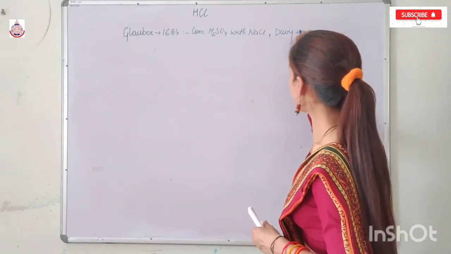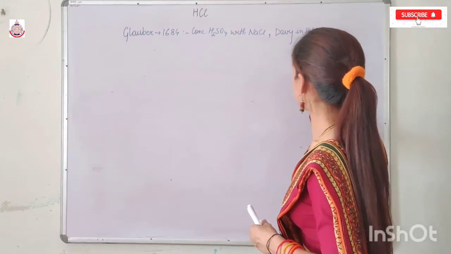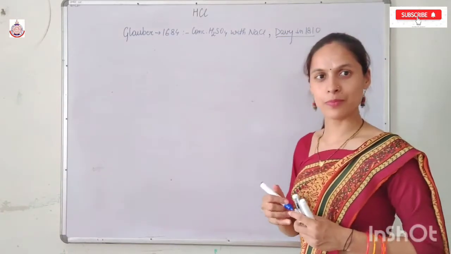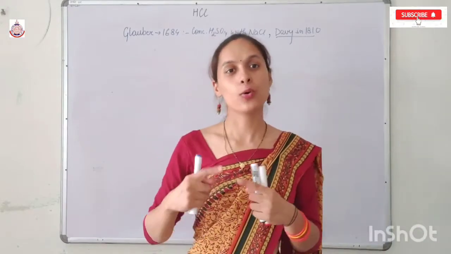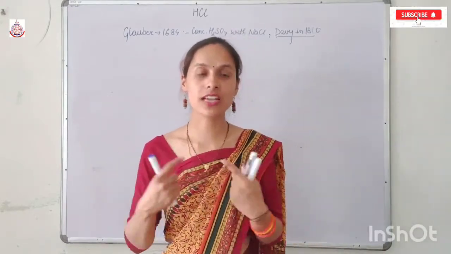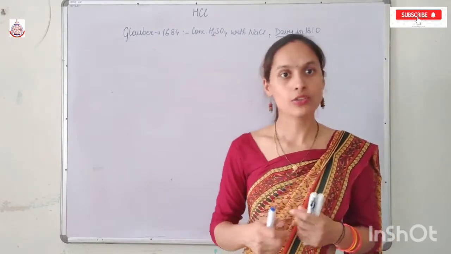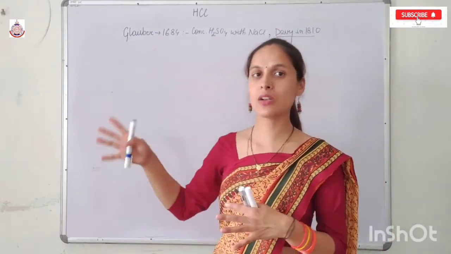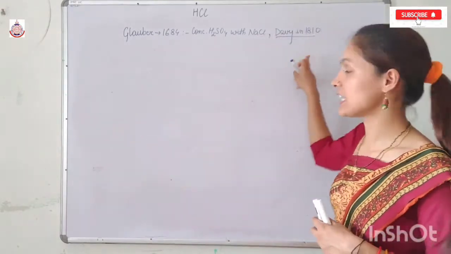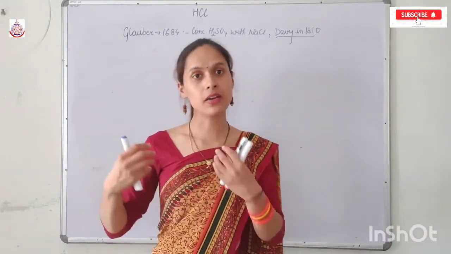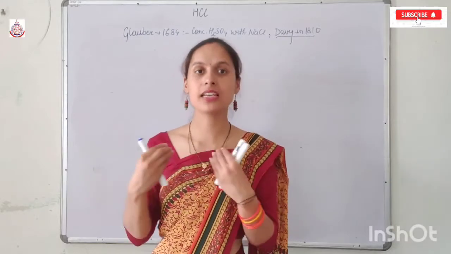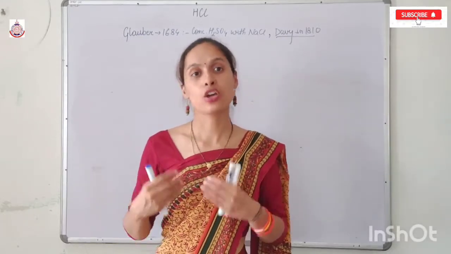in 1810. Do you remember this name? Davy in 1810, because Davy was the scientist who established the real nature of chlorine also. So the real nature of HCl was established by Davy in 1810, and Davy showed that this HCl is made up of hydrogen and chlorine.